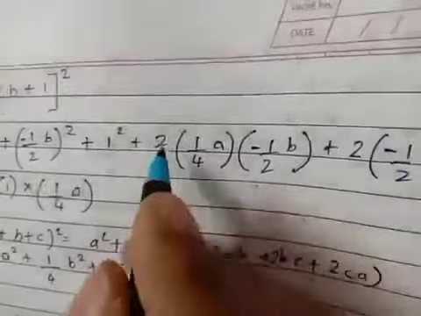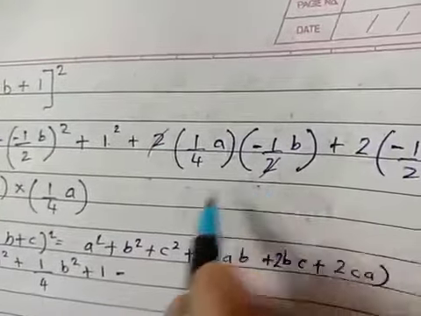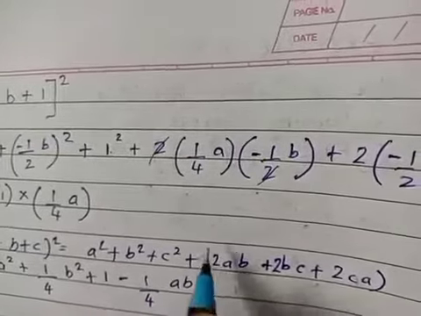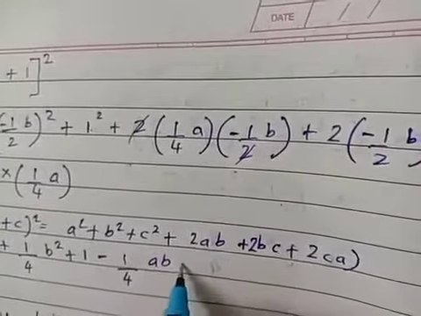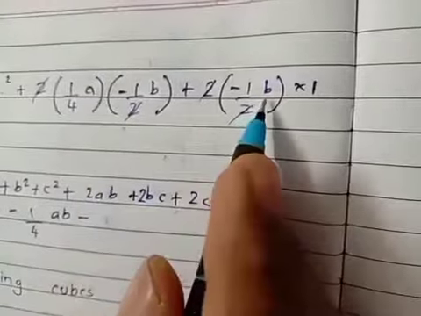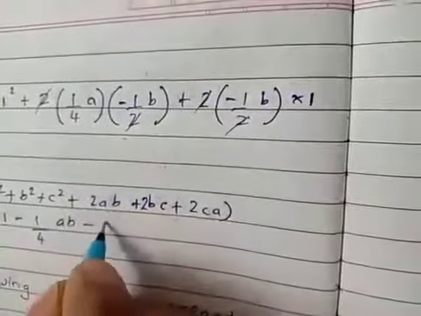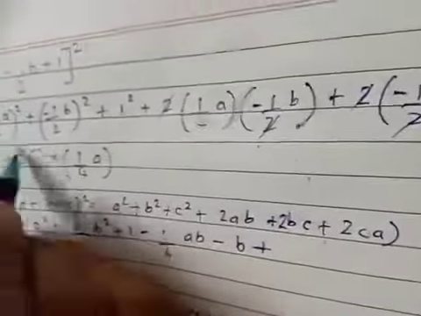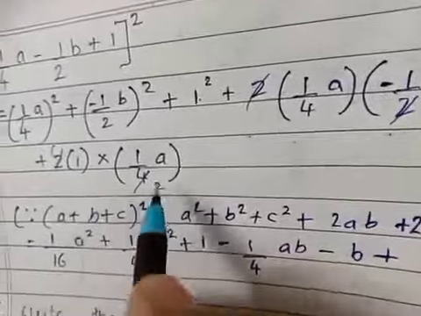Now this 2 and this 2 will get cancelled, so what will remain? 1/4ab. Minus plus plus minus, this 2 will go, so what will remain? b into 1 is b. And plus 2 will go in 4 2 times, so this will be 1/2a.